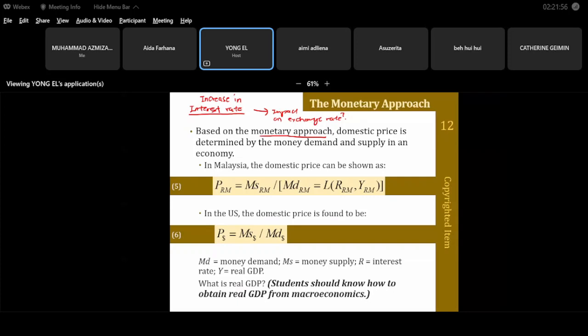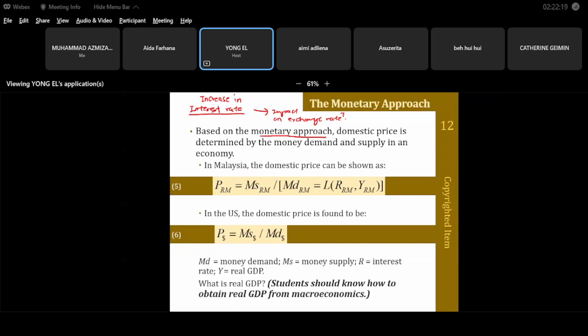Someone from the banks or financial institutions may be interested to ask. Can you answer this question? These lectures will tell you the relationship, okay? How an increase in interest rate will affect the exchange rate, based on our understanding of purchasing power parity.